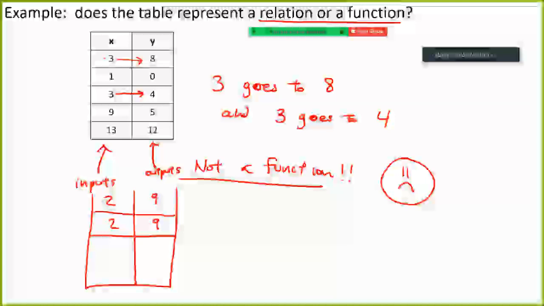But this is still a function in this case of the 2s, because the 9 is not a different output. It's the same one that matches up with 2 already. So this is like a trick question, and it would still be a function. But as it was given to us above with the 3s, they're repeated inputs and they go to different outputs. And that's the problem. That's what makes it not a function, the different outputs for the repeated inputs.